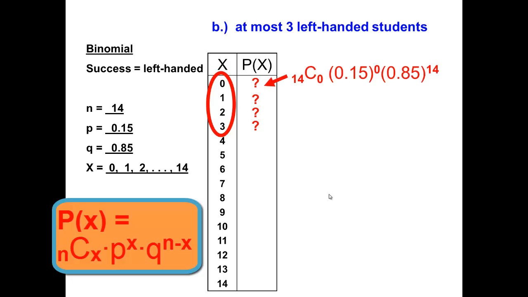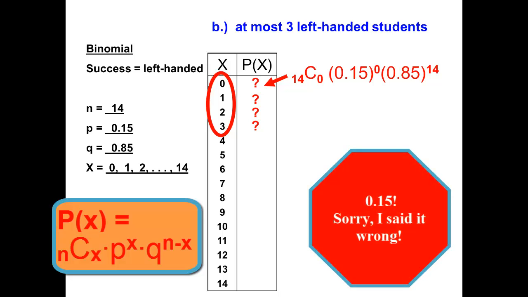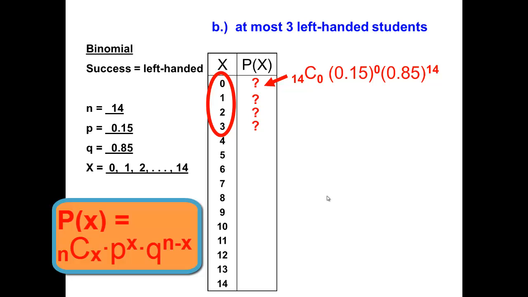For 0, that would be 14 choose 0 times 0.15 to the 0 times 0.85 to the 14. Notice if we're doing it for x equals 0, that the 0 appears here after as the number that we're choosing, and here as the power of our probability of success.